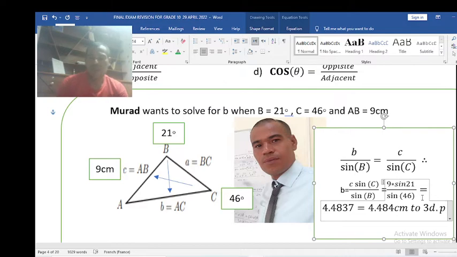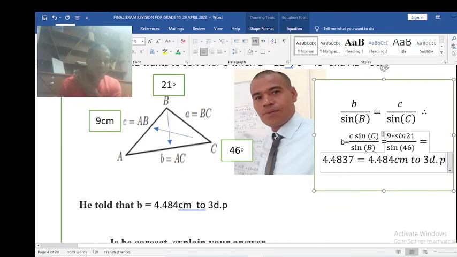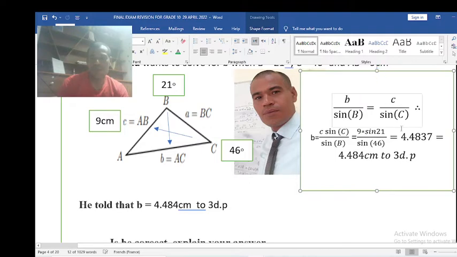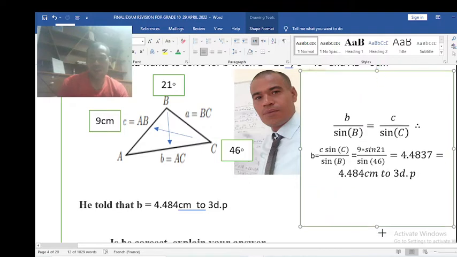Okay, so now I'm going to check. So he told that the answer is 4.484, so his answer is correct, and we can assume that his reasoning is also correct.